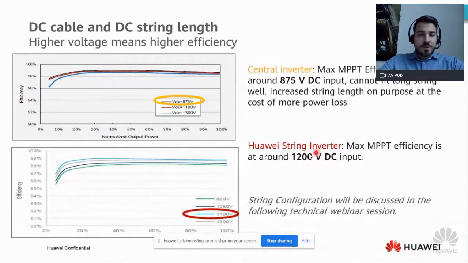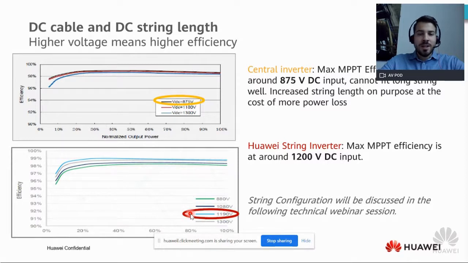With our string inverters, the maximum power point efficiency is at around 1,200 volts DC, as you can see here. It is just below 1,200 volts DC. So it is always advisable to use as long a string and as many PV panels as you can.